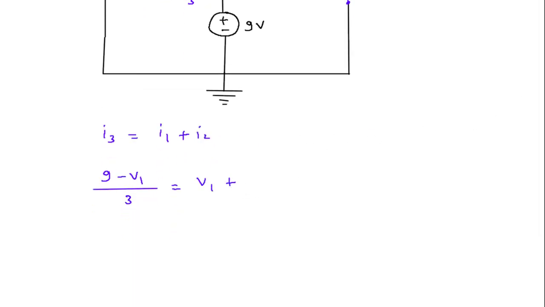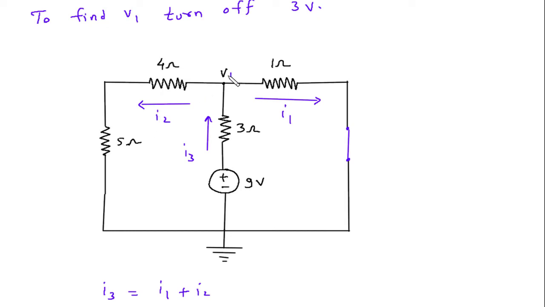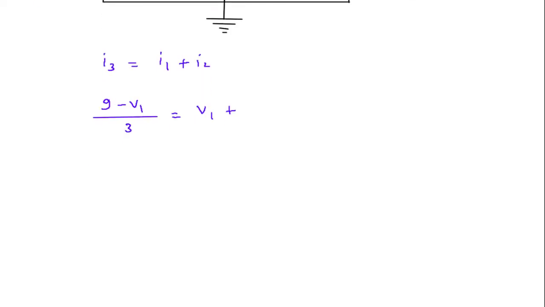Plus I2. I2 is equal to (V1 minus 0) by (4 plus 5), which is equal to 9. So I2 is equal to V1 by 9. Now this will be 9 by 3 minus V1 by 3 minus V1 minus V1 by 9 is equal to 0.